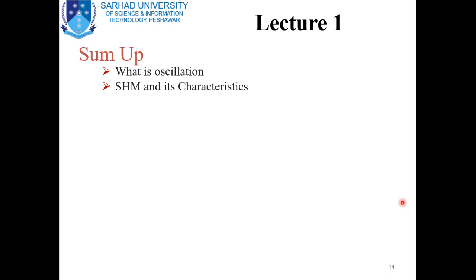We defined simple harmonic motion in two ways, in terms of acceleration and in terms of force, and then we studied the parameters or characteristics related to this motion: amplitude, displacement, frequency, time period, phase difference, and so on.